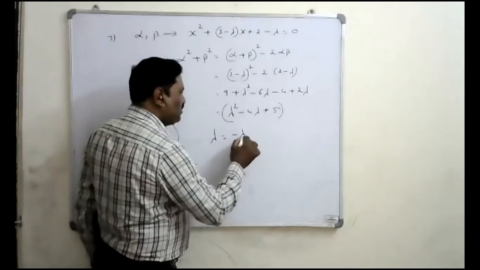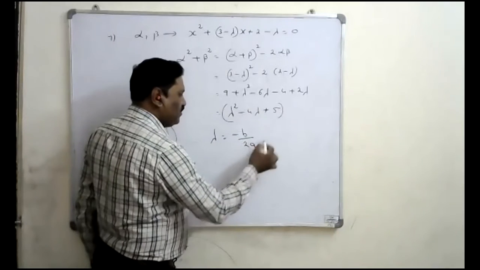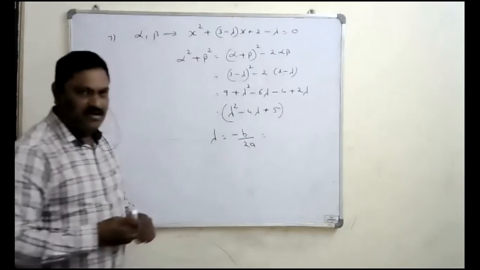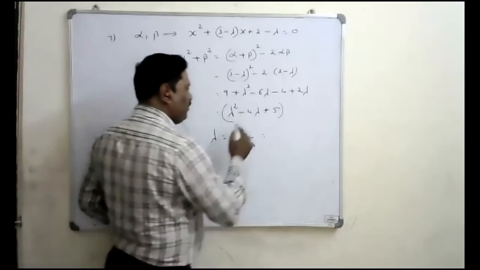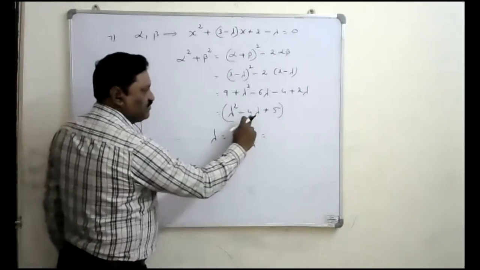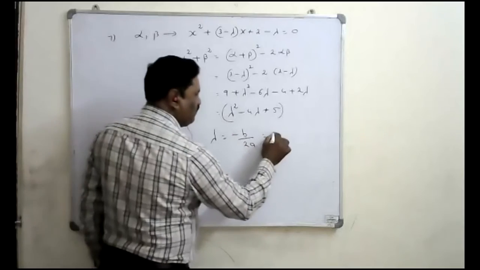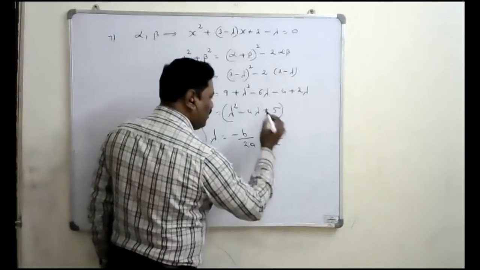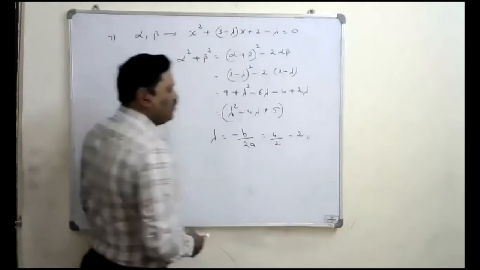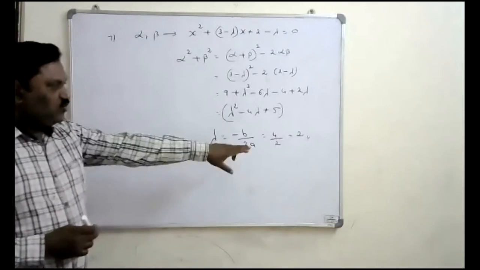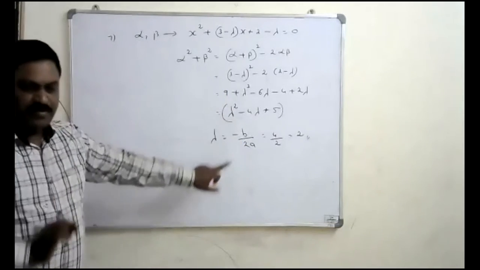Here b is minus 4, so minus b is 4, and 2a is 2. Therefore the answer is 2. When lambda is equal to 2, the expression gives the minimum.